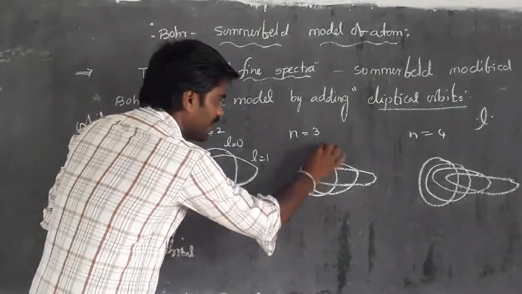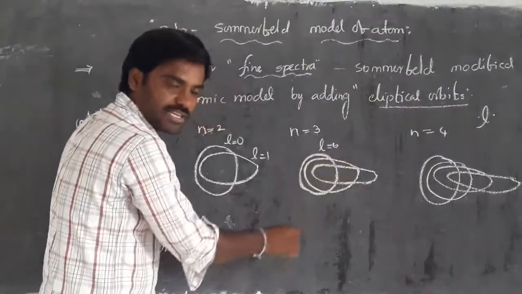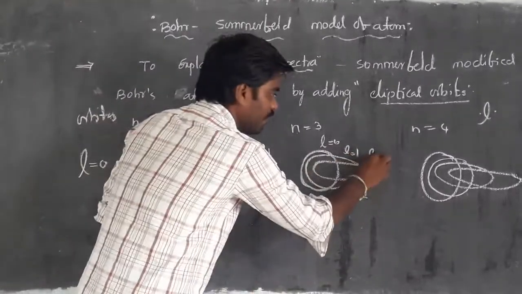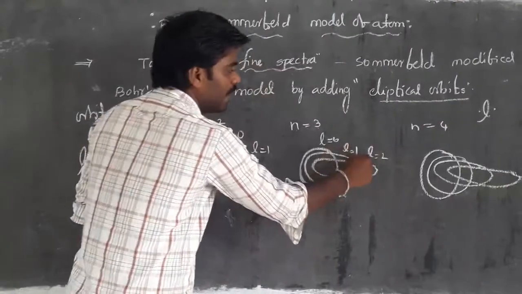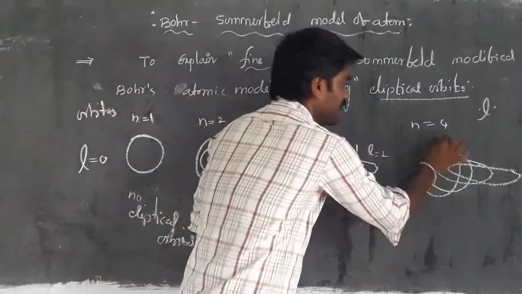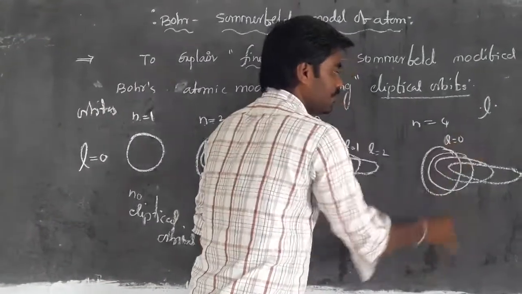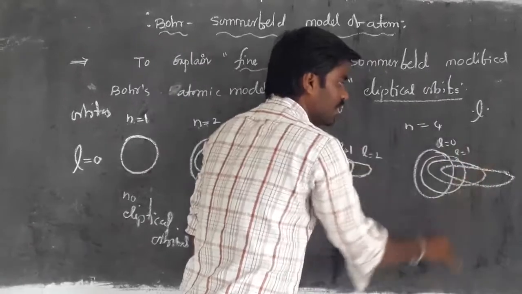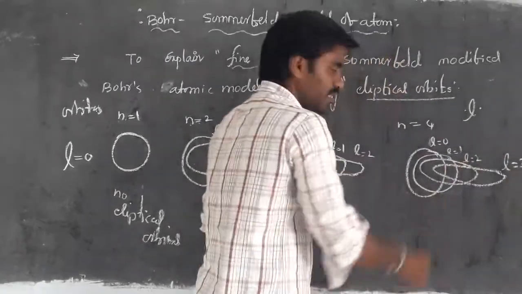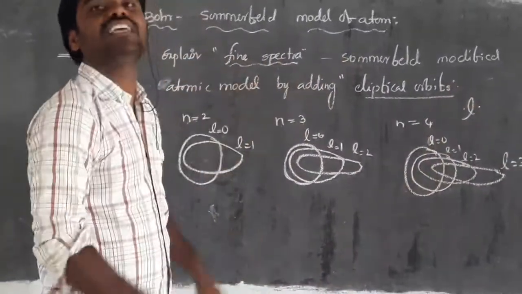For that, first L value is 0, spherical or circular here simply, then L value is 1, and L value is 2. When the L value increases, the elliptical nature increases. Then n is equal to 4: L value is 0, 1, 2, and 3. As the L value increases, the elliptical nature increases.